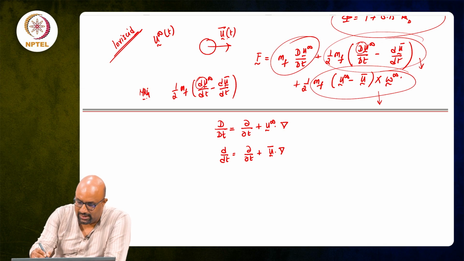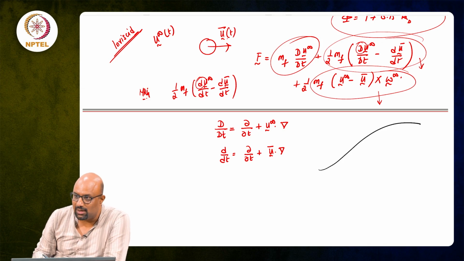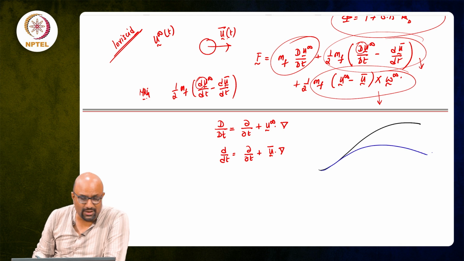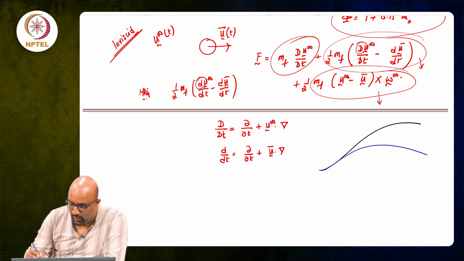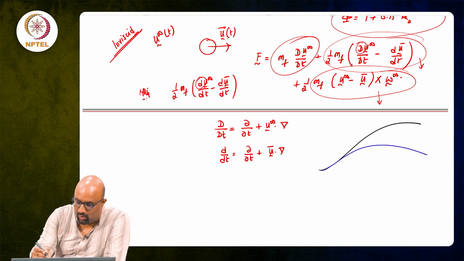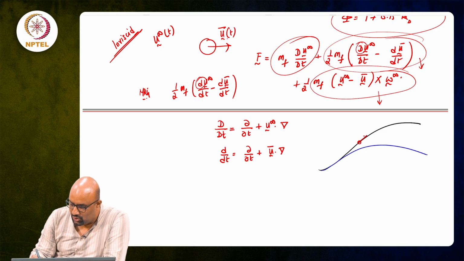So the point is, if I draw streamlines and if I draw the path taken by that spherical particle, they are not going to coincide necessarily. So when you are making measurements of a quantity as you move along the black curve, that gives you capital D dt.